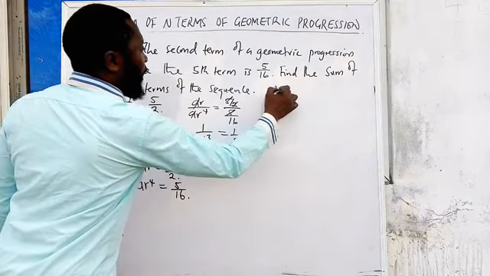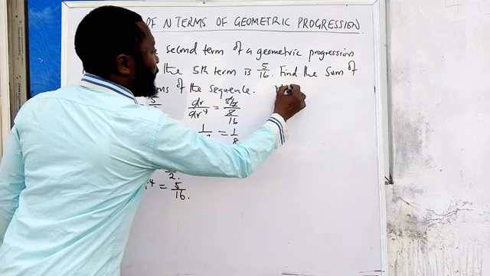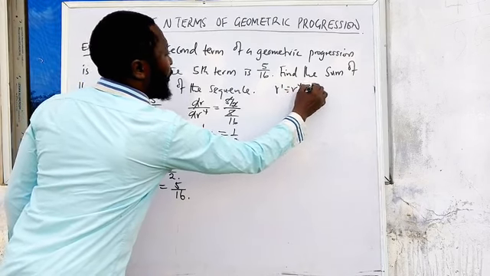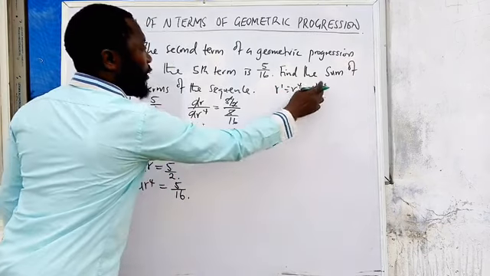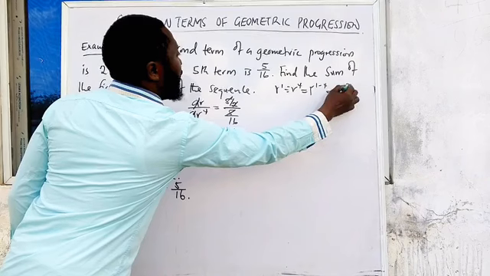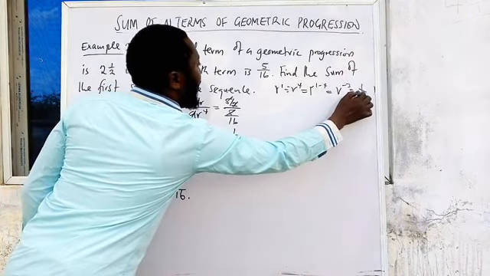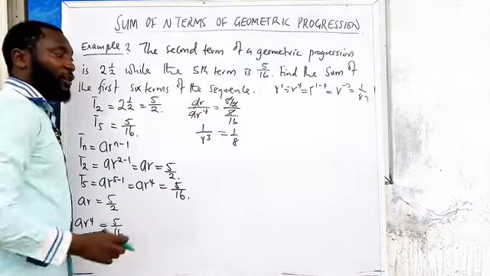From the rule of indices, r raised to the power of 1 divided by r raised to the power of 4 is just r raised to the power of 1 minus 4. 1 minus 4 is -3, and that is just 1 divided by r raised to the power of 3. That is what you have here.